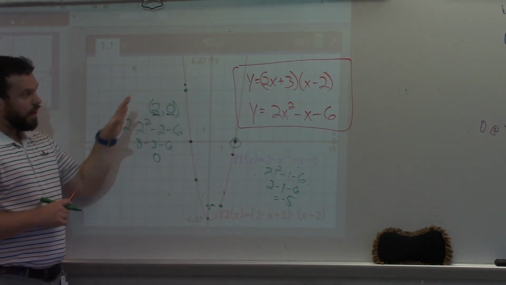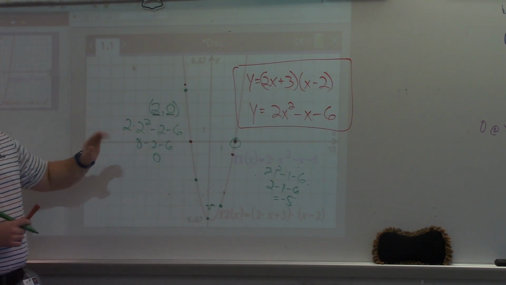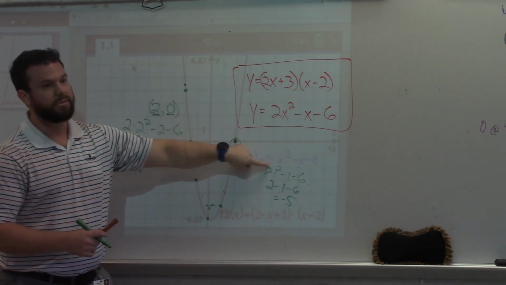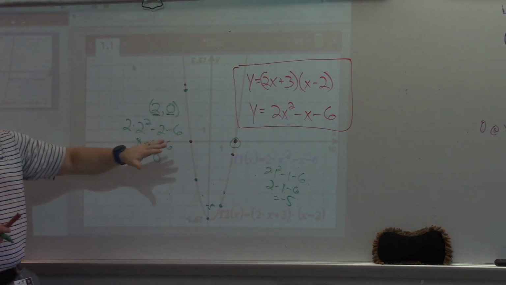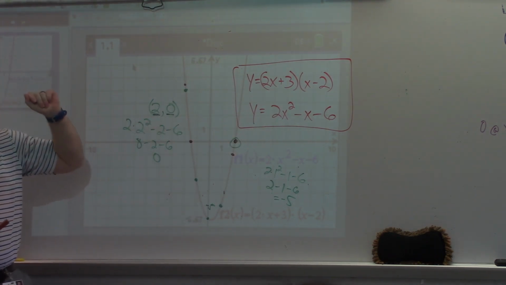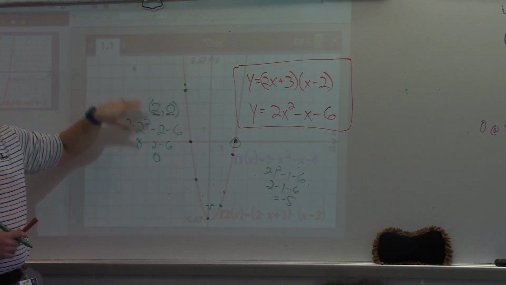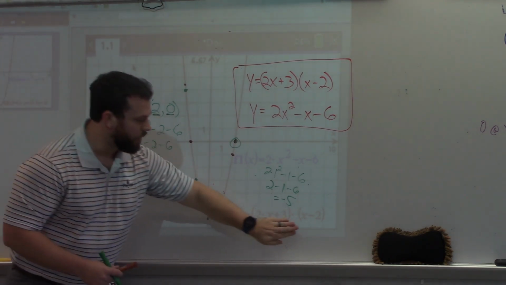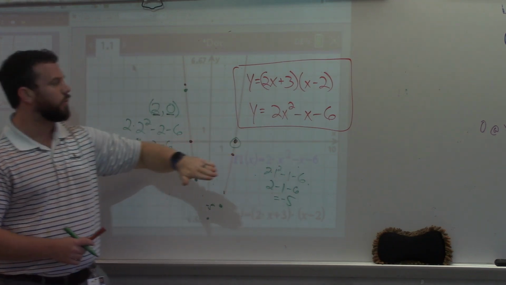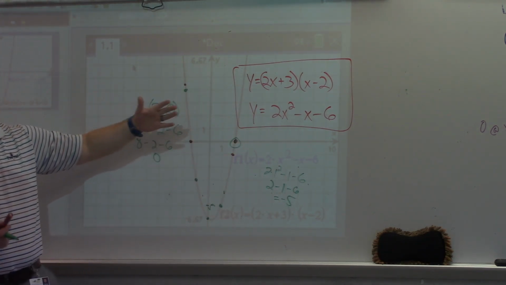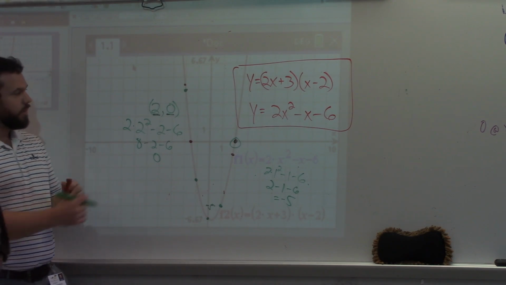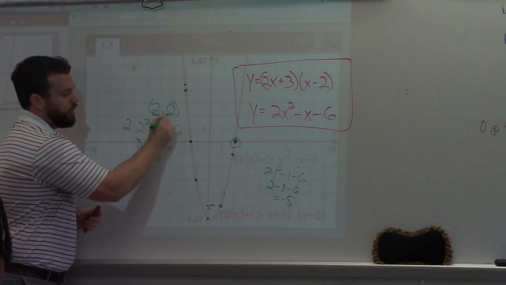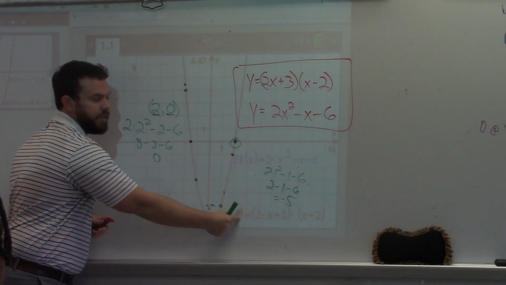So the graphs that we see result from inputs being substituted in and getting outputs out. The calculator does all those calculations to get these inputs and outputs. And we have both this factored form and this standard form graph, and we only see one function because they're the same. The same input of 2 has an output of 0 here and here.